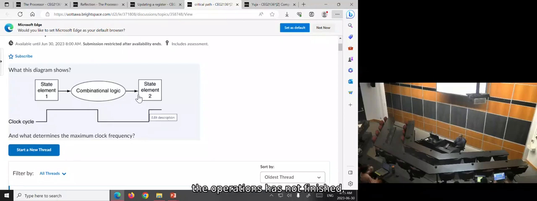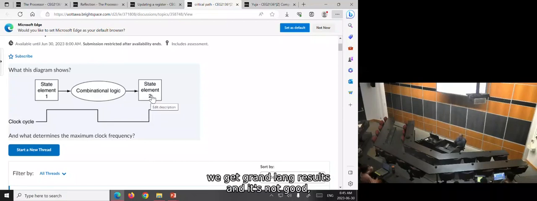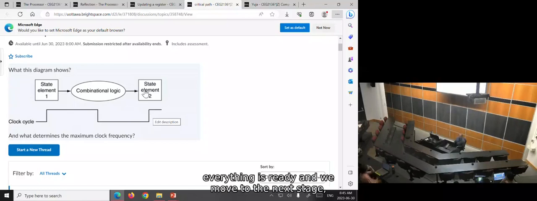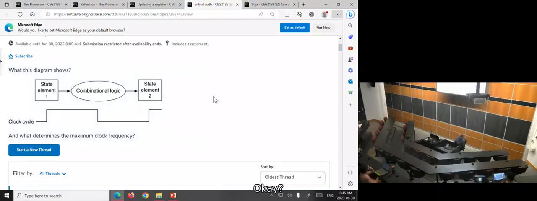When the next clock comes and the operations have not finished, we get wrong addresses, wrong results, and it's not good. Everything should be finished before the next clock cycle. So when the clock comes, everything is ready, and we move to the next state, to the next clock.